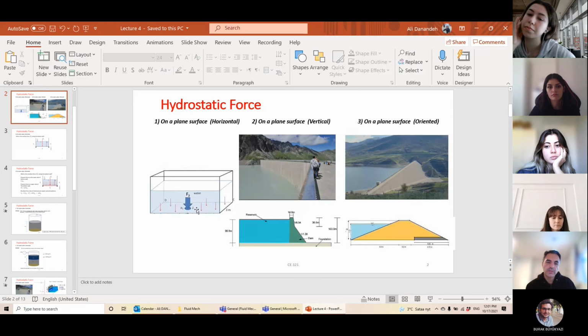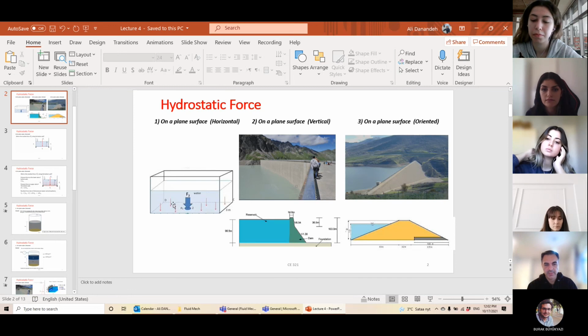Yeah, your answer is correct for this shape. Exactly. When I found the force, it acts on the centroid. You said middle, but in geometrical terms we can say centroid, of the plane where it is horizontal.